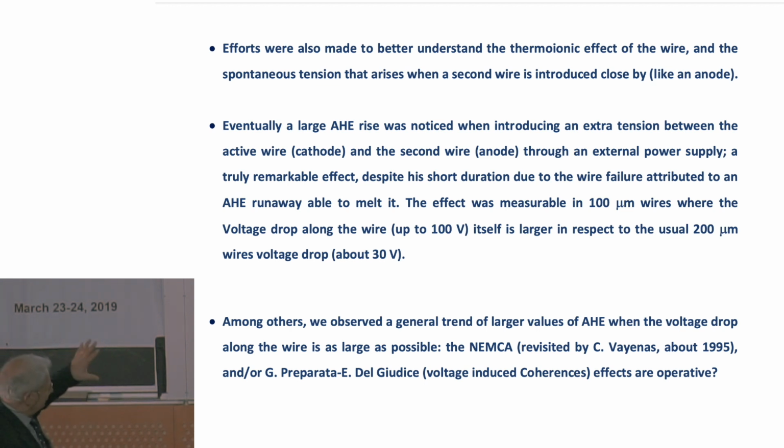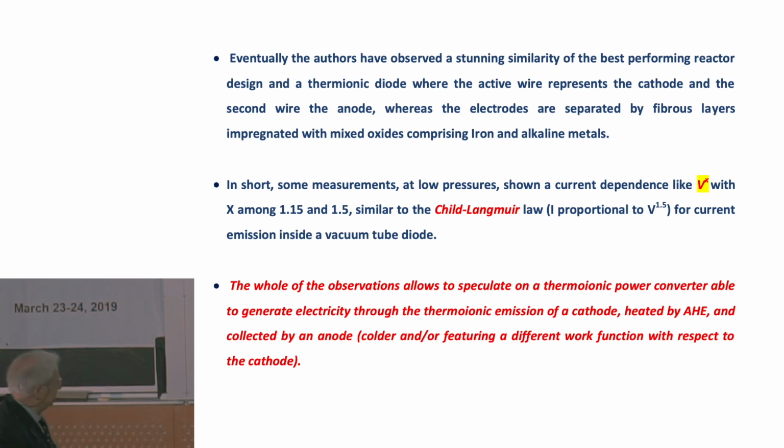And a little bit similar, but with some variation, is the work of Preparata and Emilio Del Giudice. According to them, the effect is magnified if the electron distribution is coherent along the wire. So, long and thin wire, large voltage, high temperature. This is, in short, the recipe.